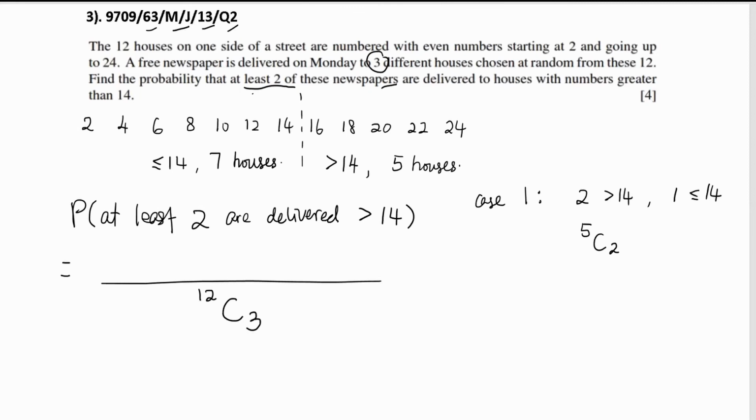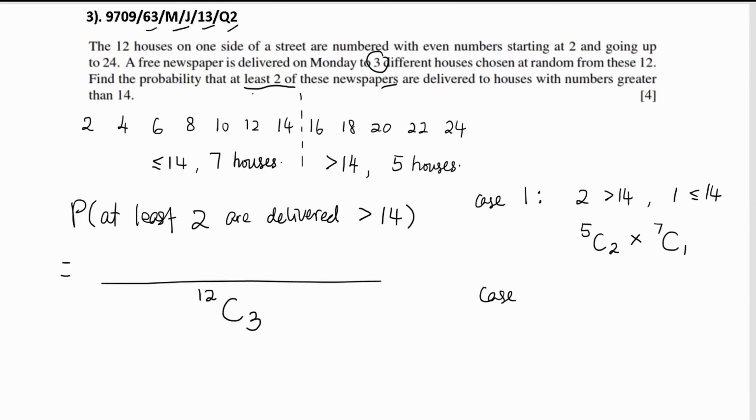At the same time, for houses numbered less than or equal to 14, there are 7 of them, and we randomly select 1, which is 7C1. So the total number of ways for this is 5C2 multiplied by 7C1.